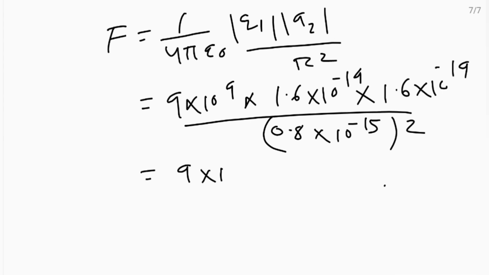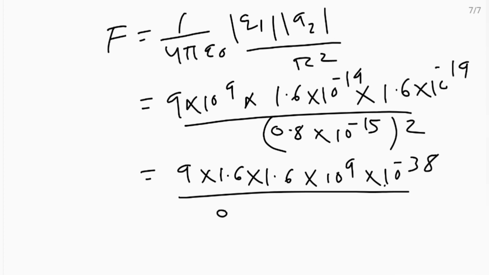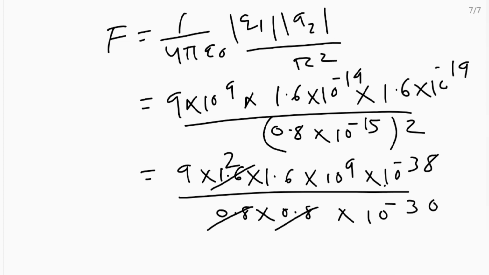9 into 1.6 into 1.6 into 10 to the power 9, 10 to the power minus 38 divided by 0.8 into 0.8 into 10 to the power minus 30. So if we cancel this with this, it will be 2, it will be 2.